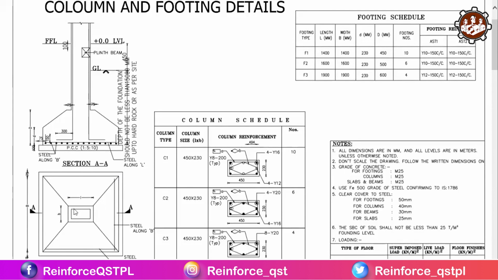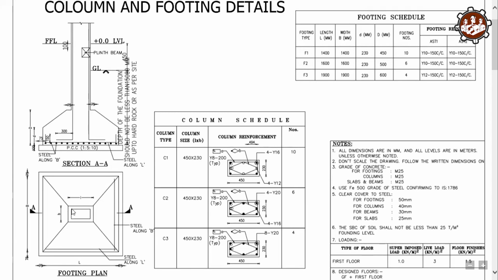Okay, and this is your column. Column is given here as 450 by 230. Bottom length and bottom breadth of isolated footing are given here as 1.4 meter and 1.4 meter, but top length and top breadth, that is l and b, are not given here. So how to calculate the top length and top breadth? For the calculation of top length, we have a column length given here, 450 mm.